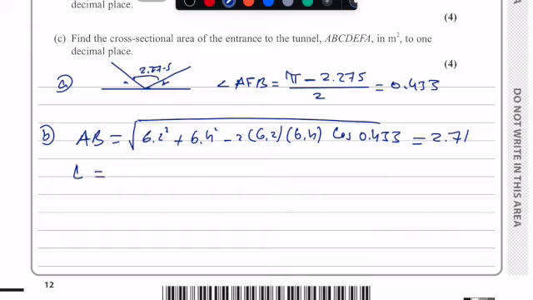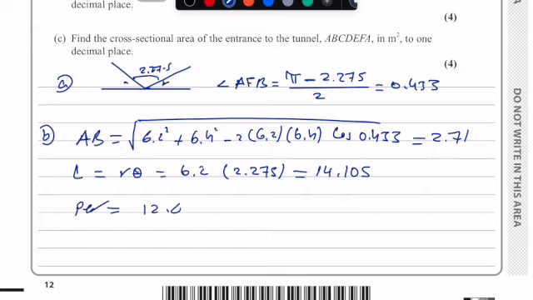Length of arc will be r theta rad. I'm sorry, r theta rad. I'm so sorry. 6.2 times theta rad, which is 2.275, which will be 14.105. Then get the perimeter.